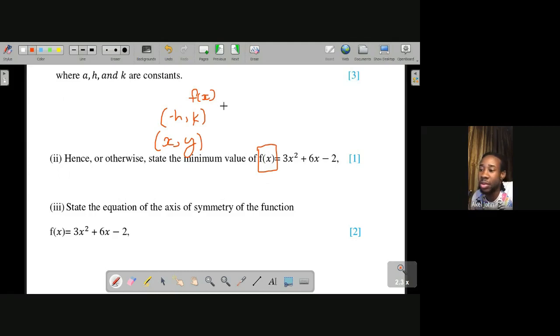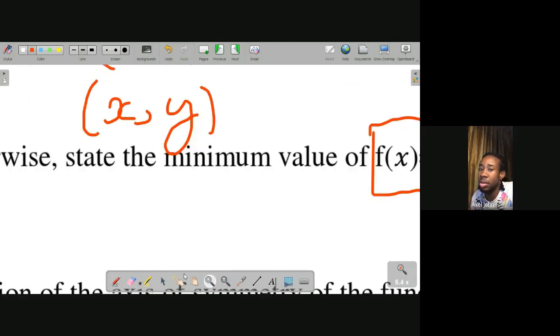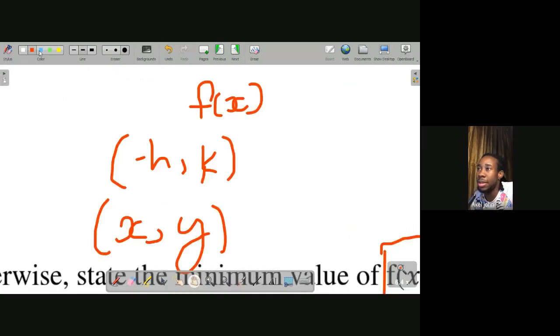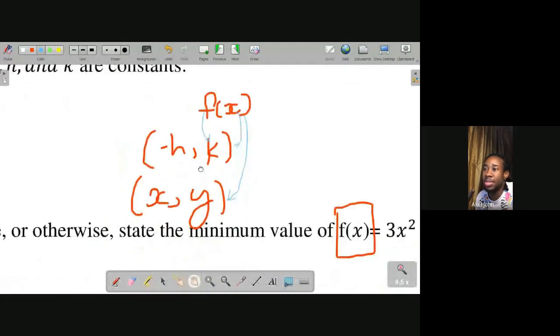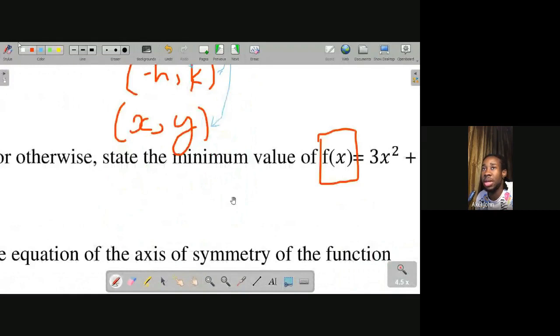So what they're really asking us for is, what is k? And we found k to be, from using the formula, -5. So the minimum value of f of x is -5. That was it. 1 mark.